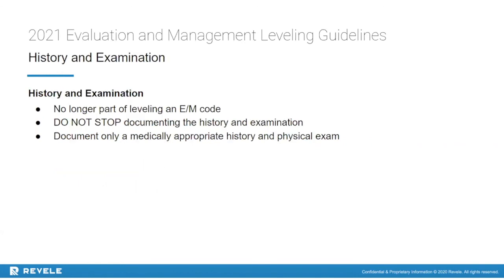As of January 1st of 2021, it will no longer be required to use history and examination to level an office visit outpatient service evaluation and management code 99201 to 99215. Although it is not needed to level the codes, it is highly recommended to continue documenting a medically appropriate history and examination.